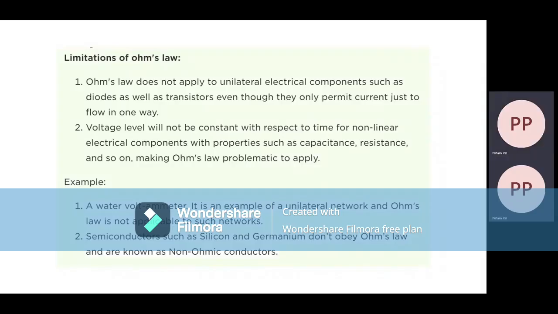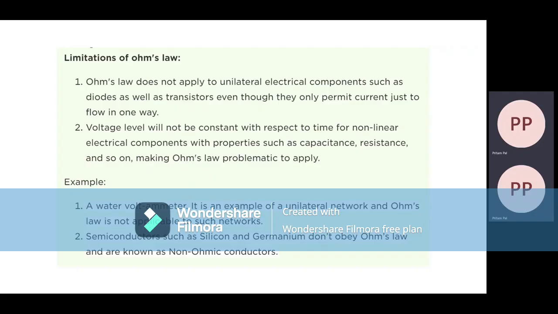For the diode or the transistor, you can see it is a non-linear component. Secondly, what are the other limitations? Voltage level will not be consistent with respect to time for non-linear electrical components with properties such as capacitance, resistance, and so on, making Ohm's law problematic to apply.